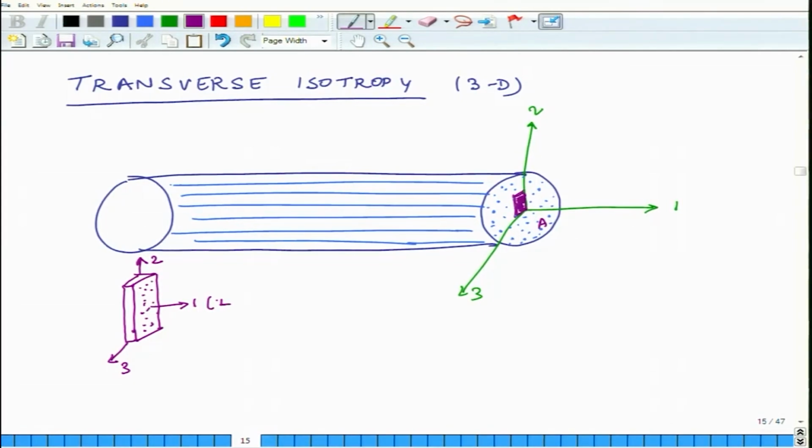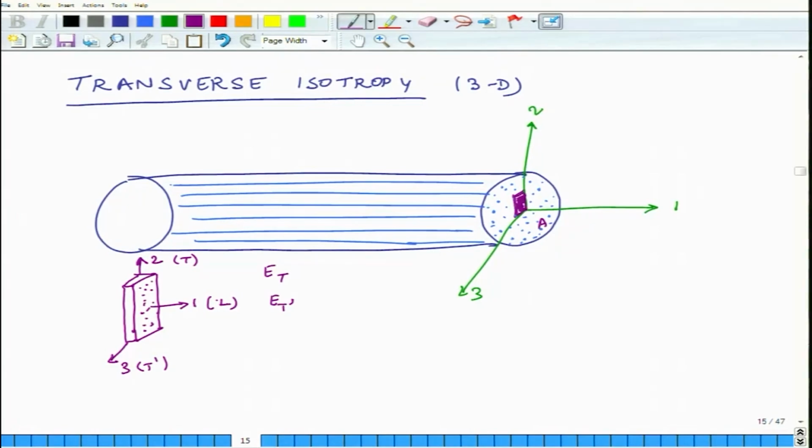It is the longitudinal axis, the direction of fiber, right. What is 2 axis? It is, let us say, the transverse axis, and 3 axis is transverse prime. So, if I want to find Et and Et prime, just by looking at the structure we will see that Et and Et prime will be the same.